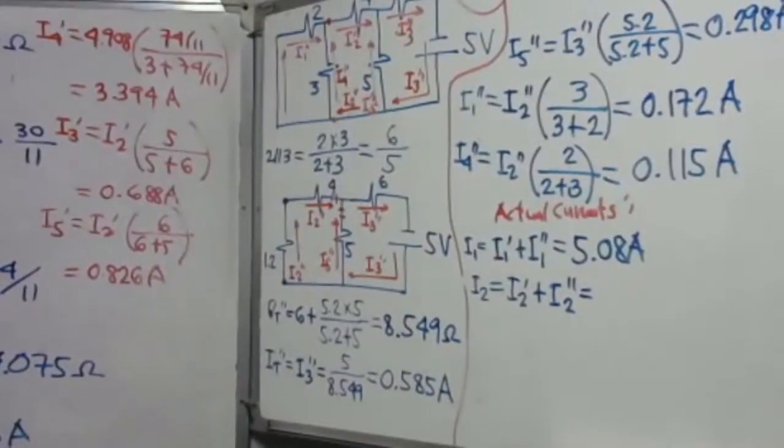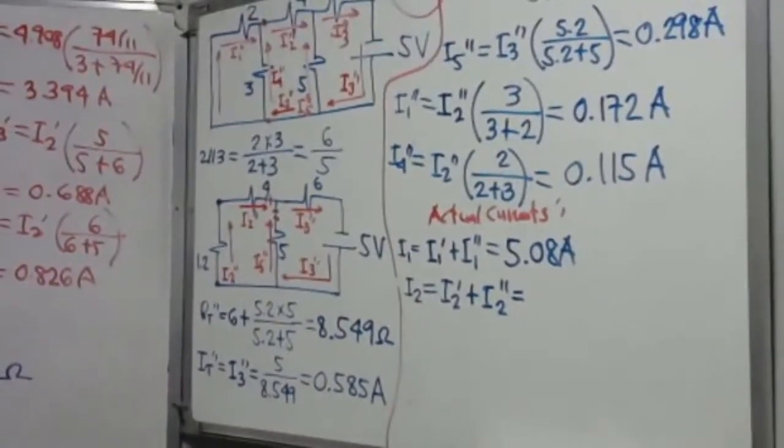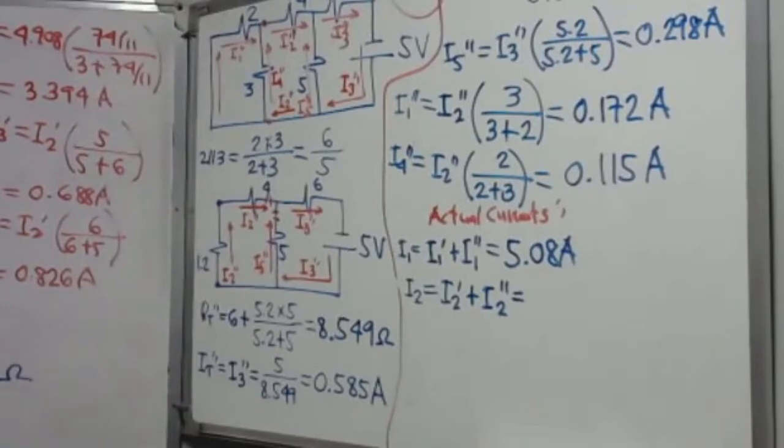So, we have here I2 prime. What is I2 prime here? I2 prime is 1.514 plus I2 double prime. I2 double prime is 0.287. Okay?